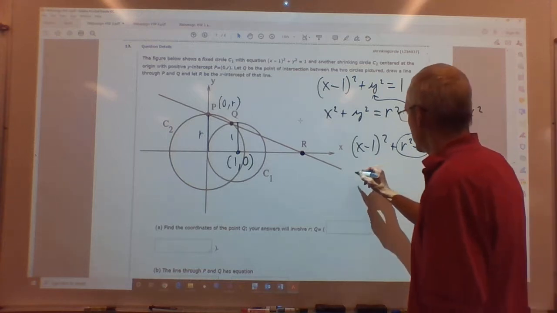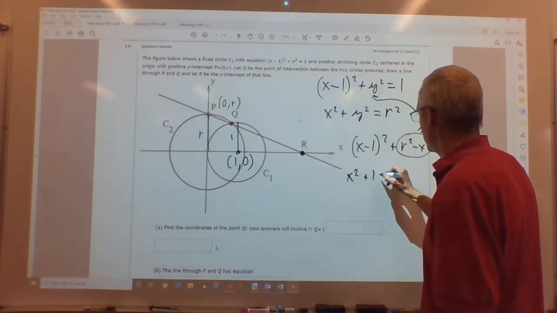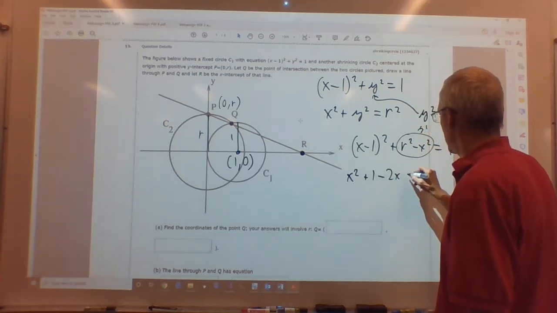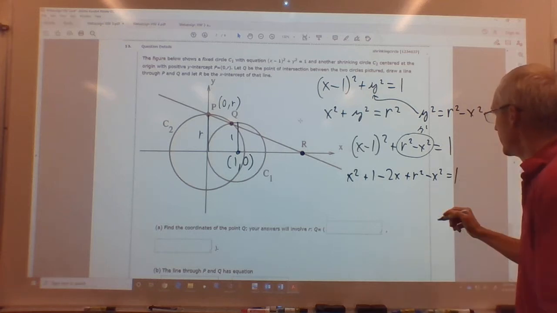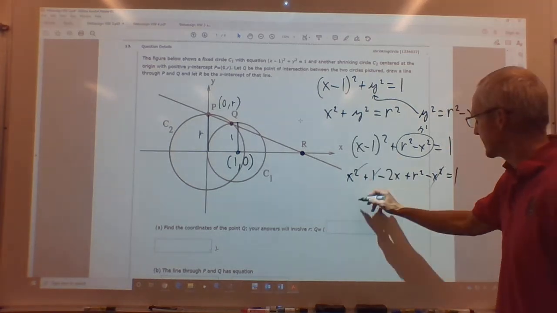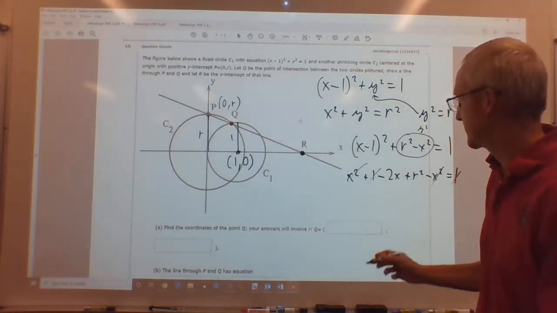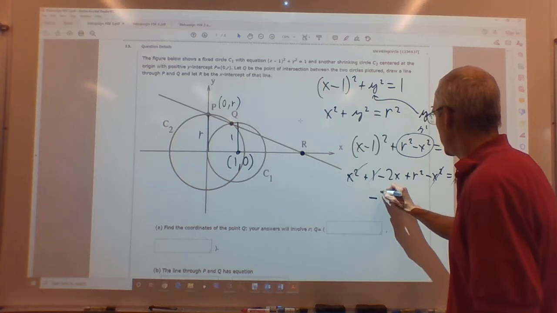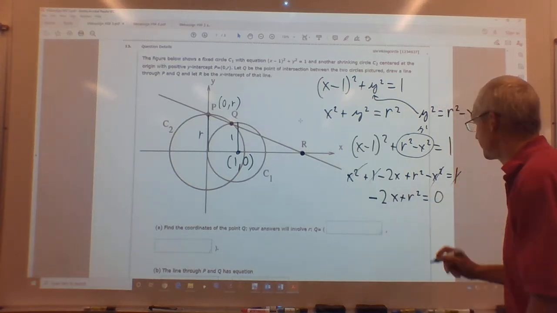Let's square this out. This is x squared plus 1 minus 2x plus r squared minus x squared is equal to 1. The x squareds cancel. That's beautiful. The 1's cancel. That's equally as beautiful. And all we have left is negative 2x plus r squared is equal to 0.